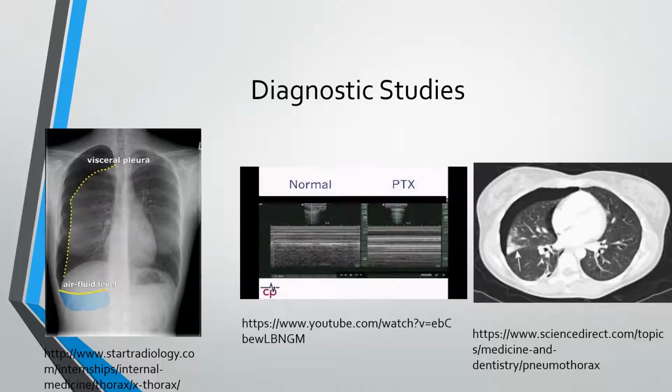So after you've completed your thorough history and physical exam, you need some mode of diagnostic imaging to secure the diagnosis of a pneumothorax. Historically, the upright chest x-ray has been the go-to imaging modality to secure the diagnosis of pneumothorax.